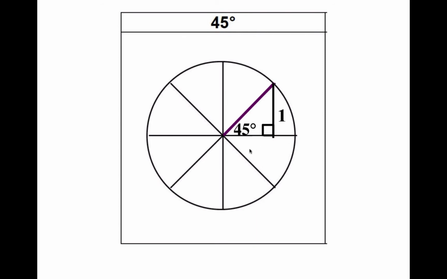So I'm going to name each of the legs the length of 1. That would make the hypotenuse 1 times the square root of 2, which is the square root of 2. If this is the origin of our circle, notice this is going right, which is positive, and this is going up, which is positive. The hypotenuse is always positive.